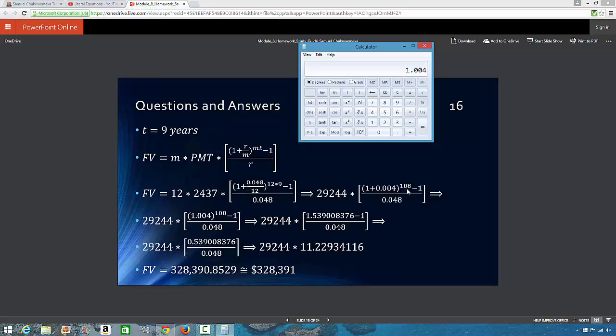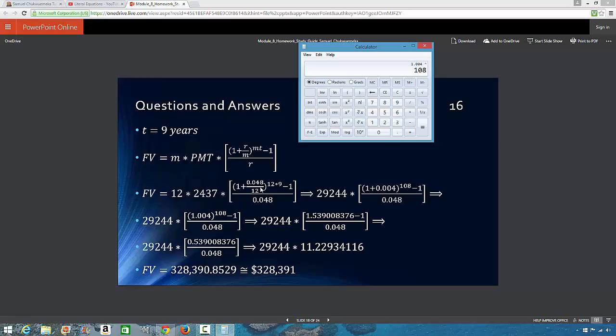Then I raise it to exponent 108. Please don't do exponent 12 times 9. You will get it wrong.